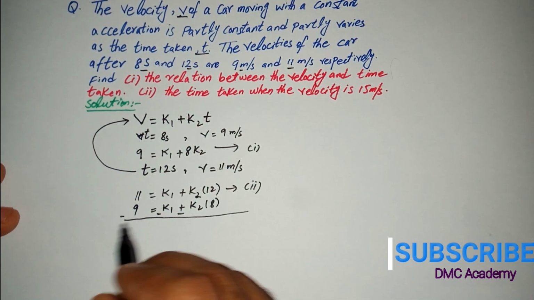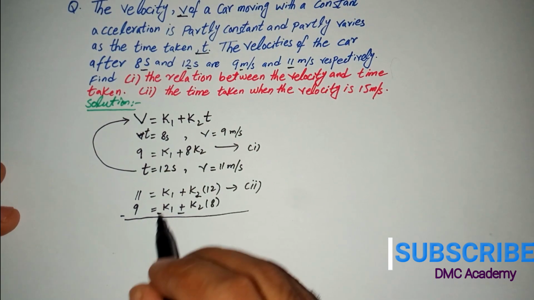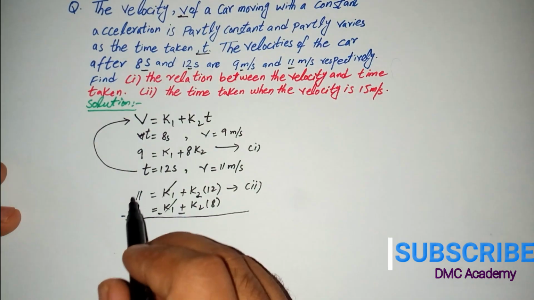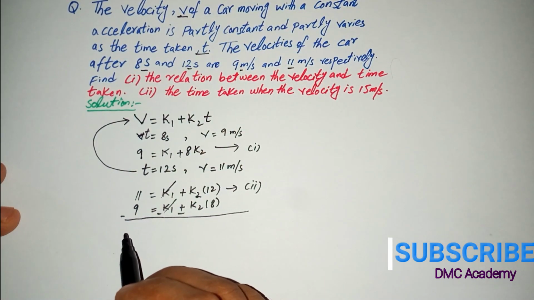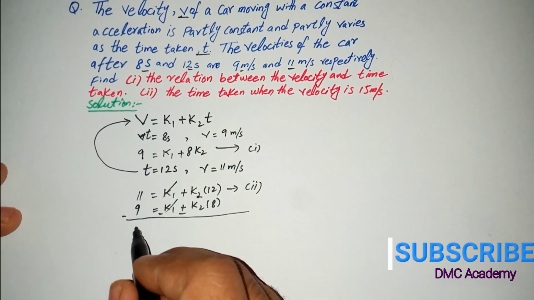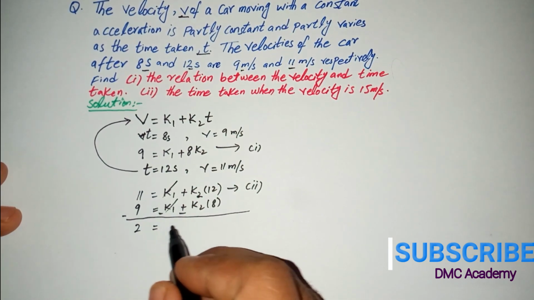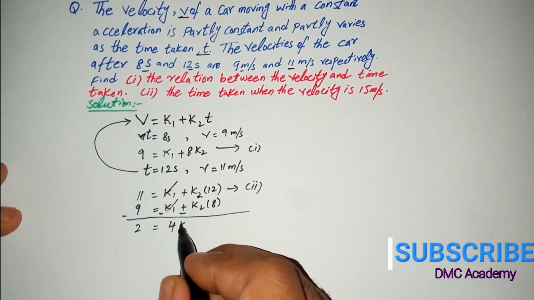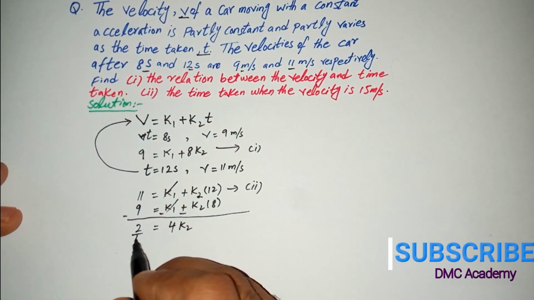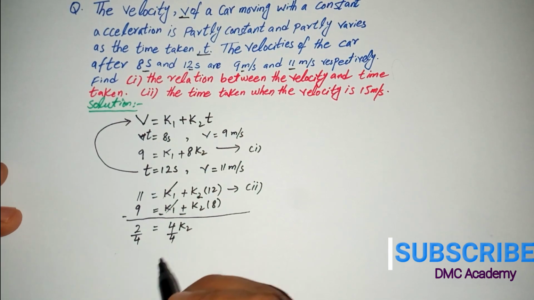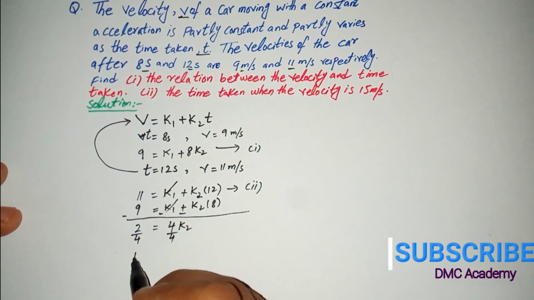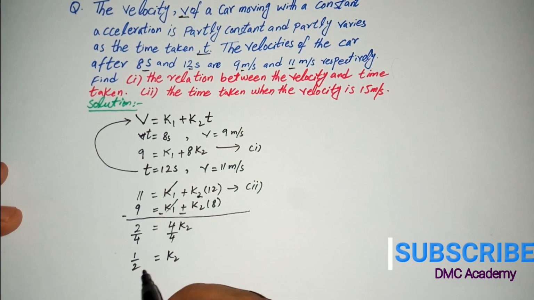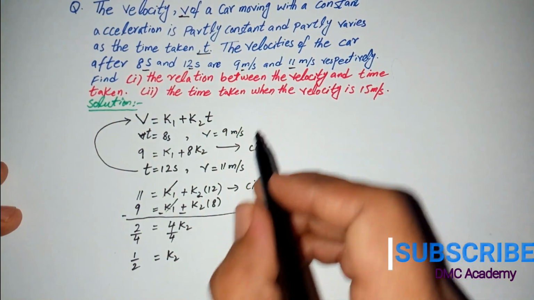K1 cancels with minus k1. 11 minus 9 gives you 2 equals 12 minus 8, which gives 4 k2. Divide by 4 on both sides, it will give you 1 by 2. So the value of k2 is 1 by 2.